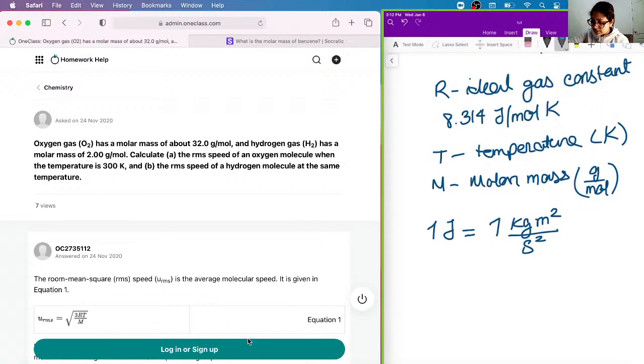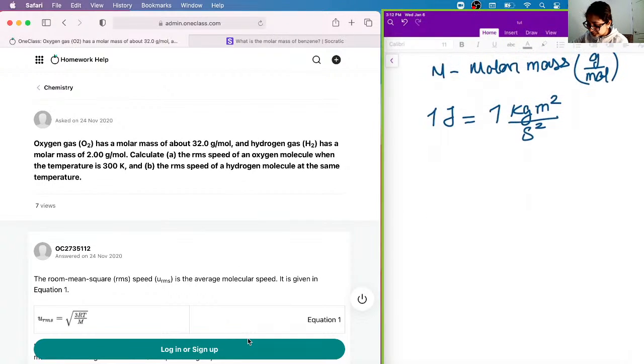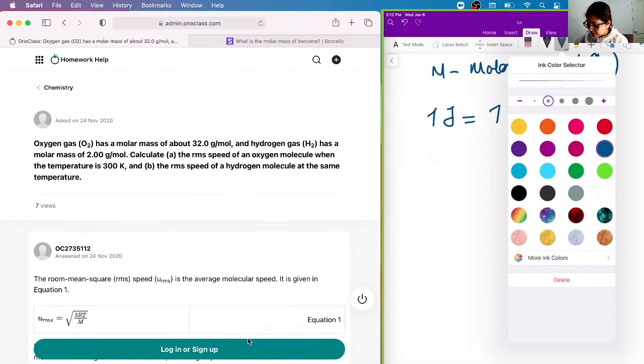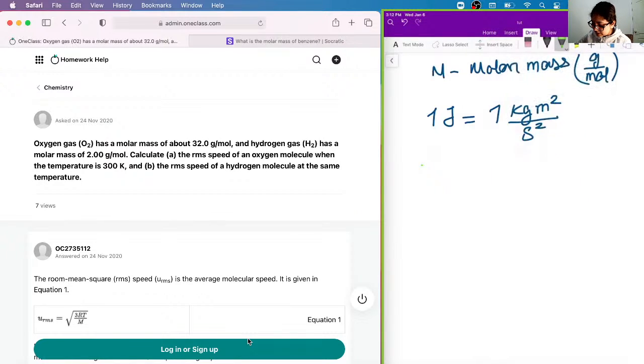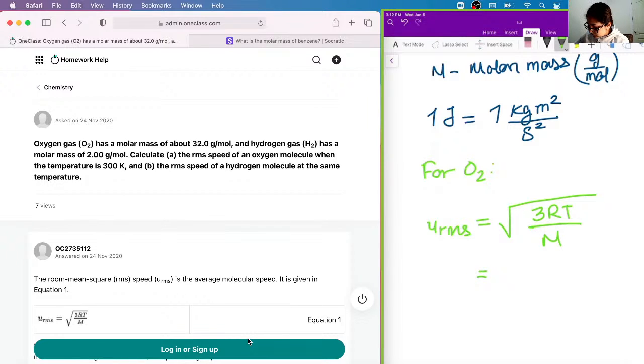And for example, with this in mind, we can now compute the RMS of oxygen gas. For oxygen gas, we have the root mean square speed, which is the square root of 3R over M, and so we just plug in the values.